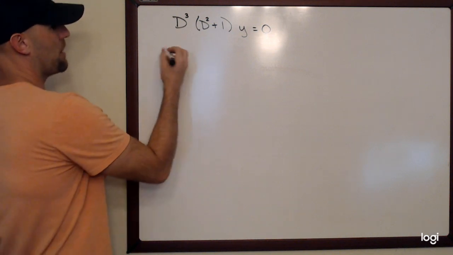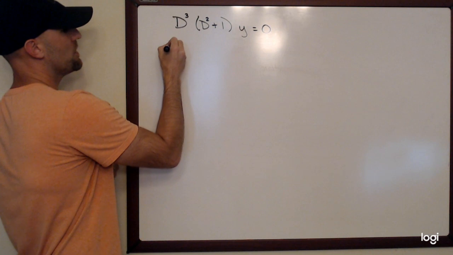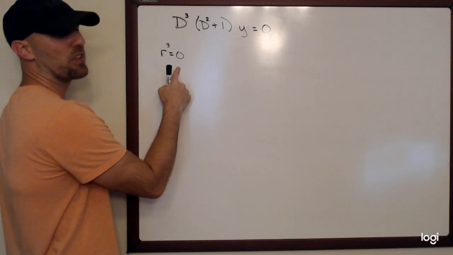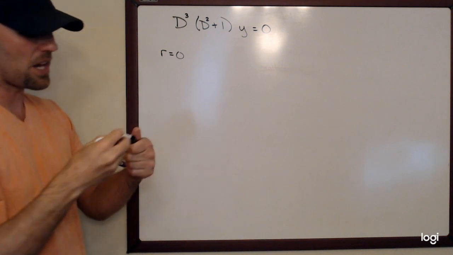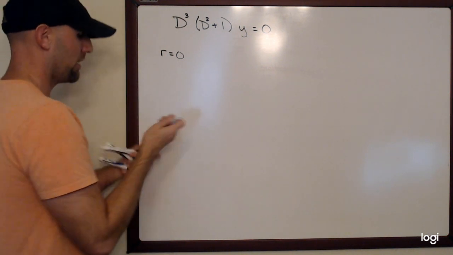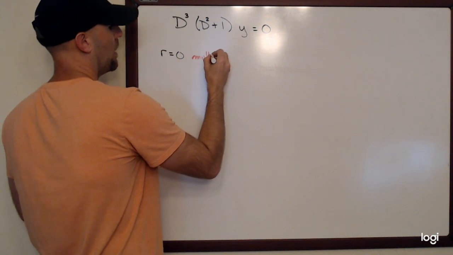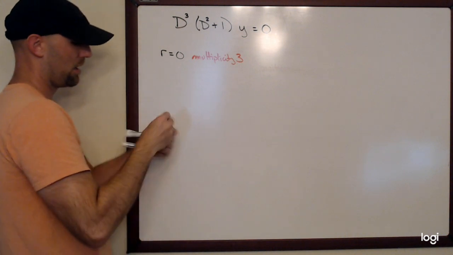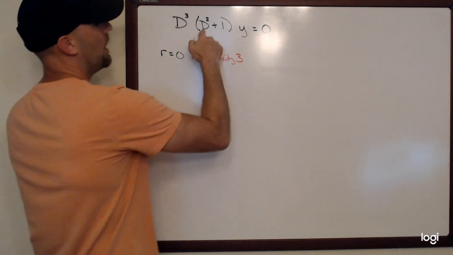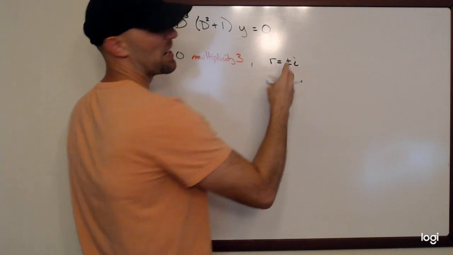Okay, so let's see. My roots would be, well, isn't this just r cubed equals 0? So that's just r equals 0, but it's got a multiplicity of 3, doesn't it? And this one, D squared plus 1, the roots of that are plus or minus i.